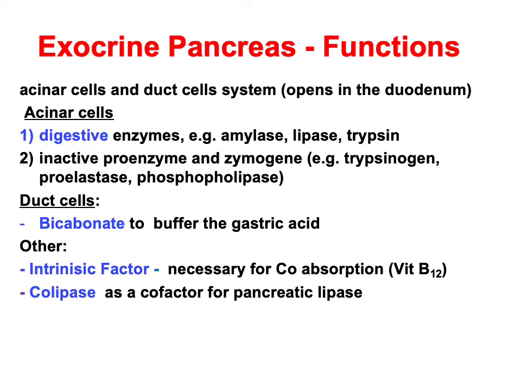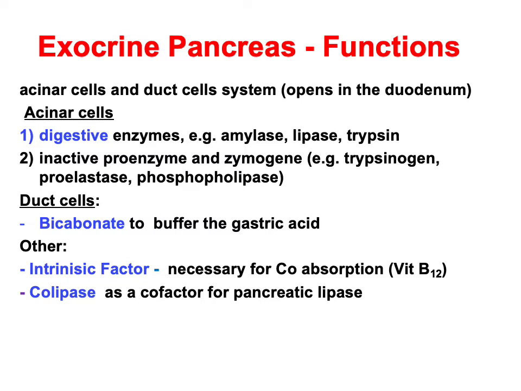synthesizing the digestive enzymes, the amylase for carbohydrate, the lipase for fat, and trypsin for protein digestion. Acinar cells are producing the inactive proenzymes and zymogens like trypsinogen, proelastase, and phospholipase. And the duct cells are producing the bicarbonate as a buffer for gastric acid.